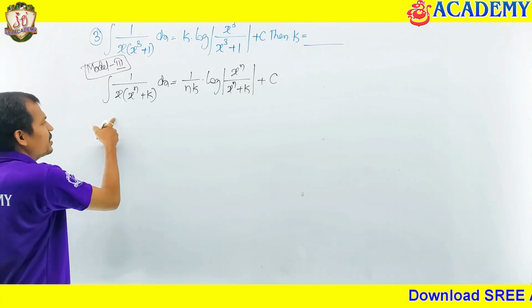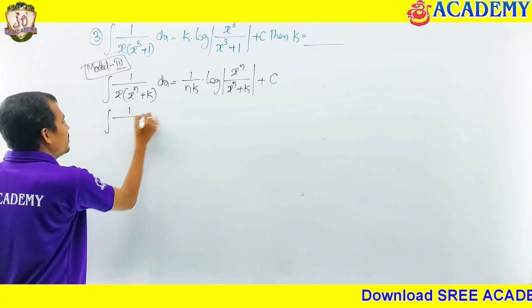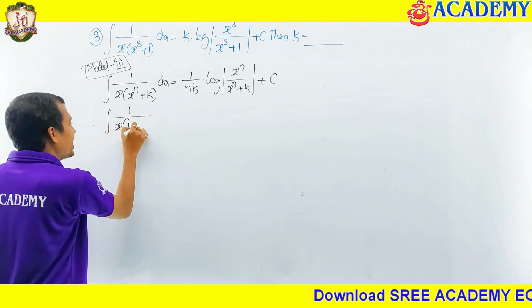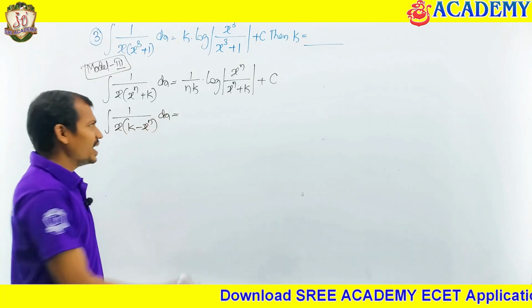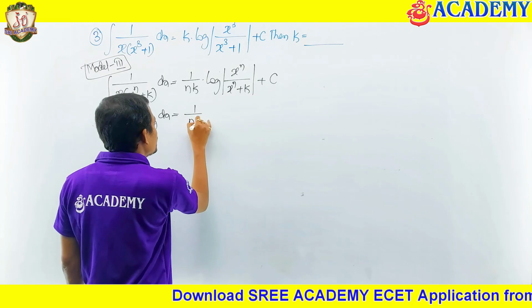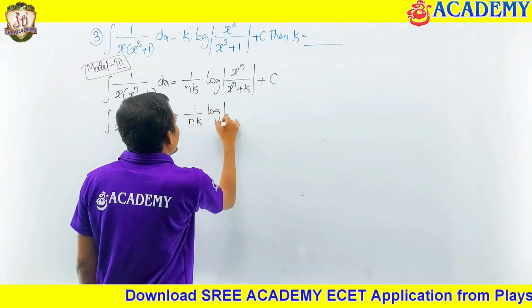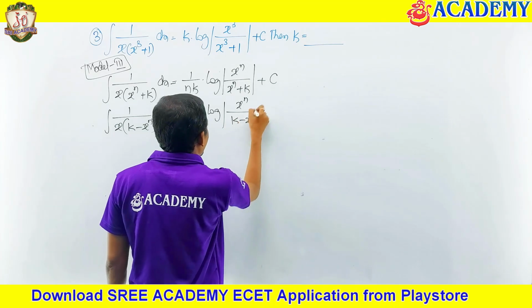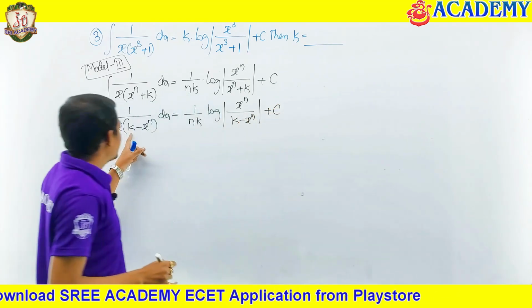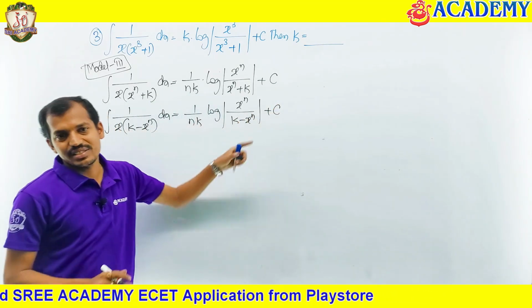And one more I am giving here, integral 1 divided by x into k minus x power n. Here also the answer is 1 by n into k, log of x power n divided by k minus x power n. Depends upon this k value we are going to have an answer.